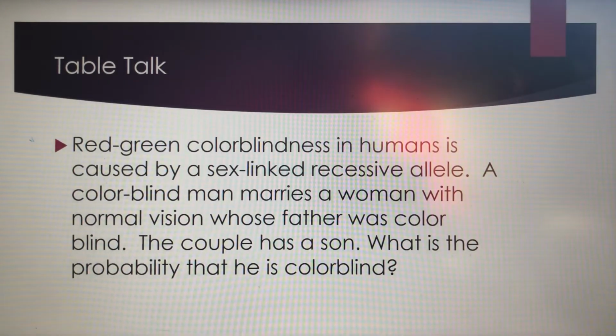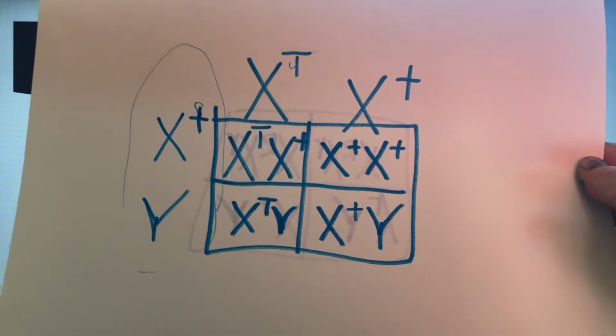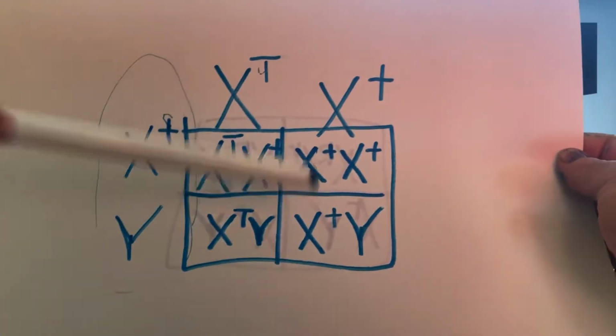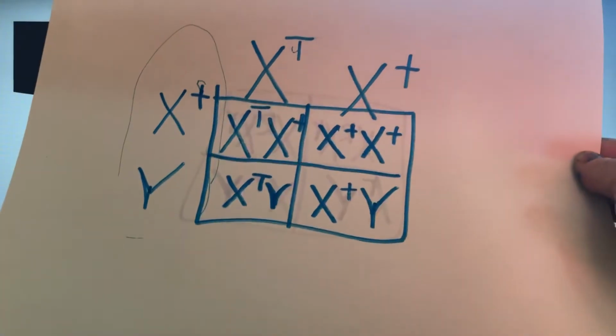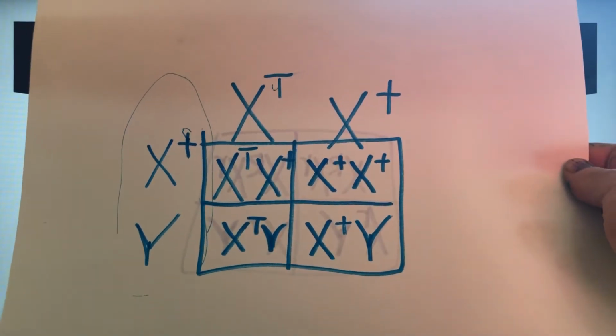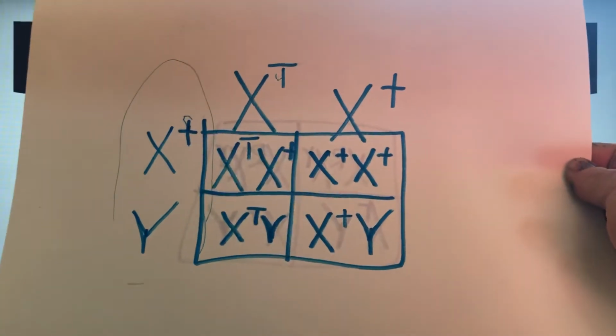So you have a 50% chance of having a son, right? And what is the probability that the son would be colorblind? Well, of the two boys, what's your chance? 50% chance that the boy would be colorblind. Okay, now out of all of the progeny, you'd have a 1/4 chance of having a boy that's colorblind.